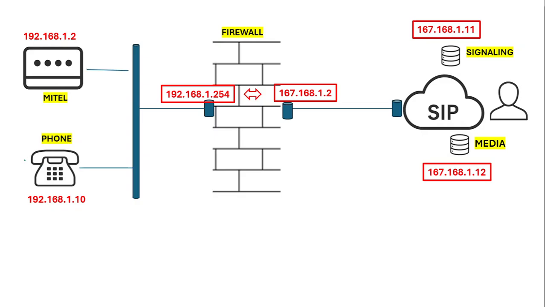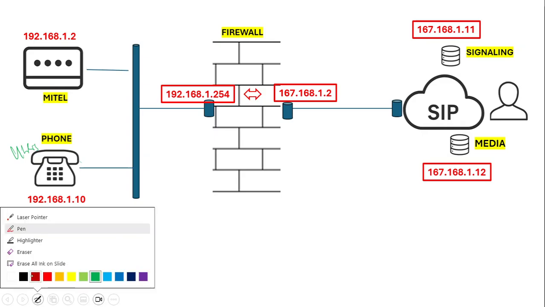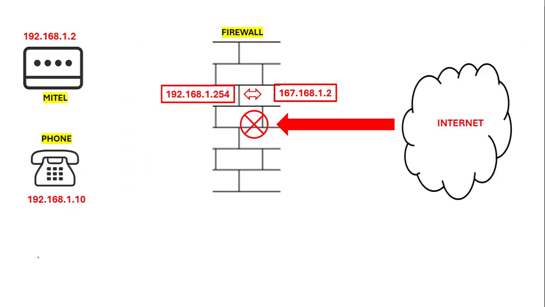So if this user makes a call, okay, let's do this. This is to do with policy number one, which we said we should be able to allow traffic on port 5060 being port forwarded to the controller.